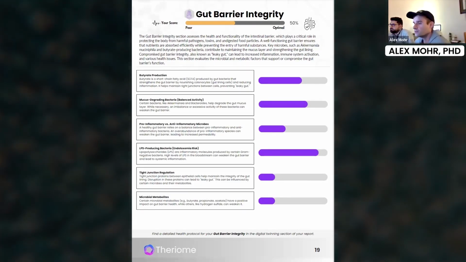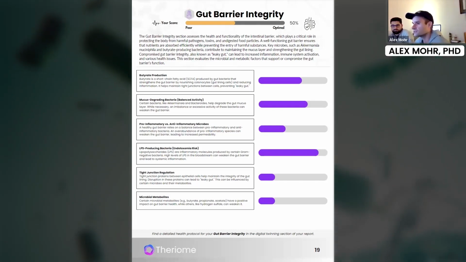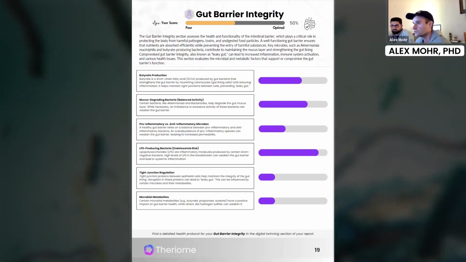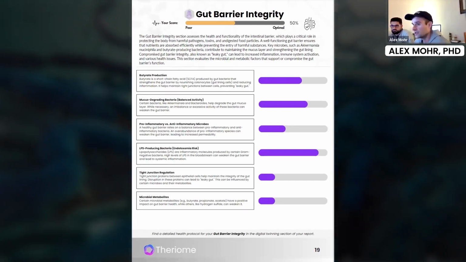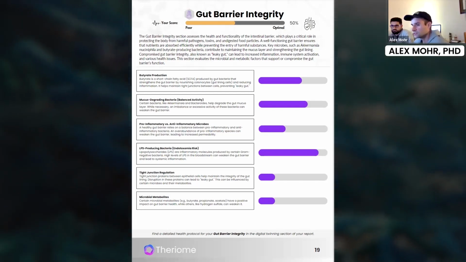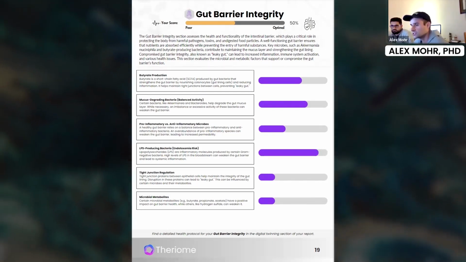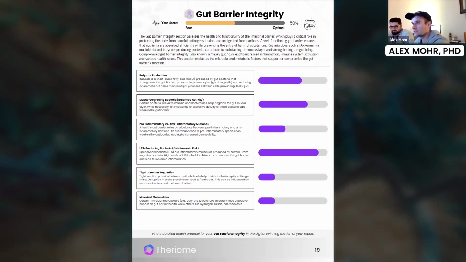So all of the main components, the subcomponents that would inform this score: butyrate production. And there's going to be some crossover, obviously, with some of these scores just inherent to the metric that we're looking at. Mucus degrading bacteria, pro-inflammatory, anti-inflammatory microbes, leaf polysaccharide producing bacteria, tight junction regulation. Again, these are inferred. And same thing with the microbial metabolites.